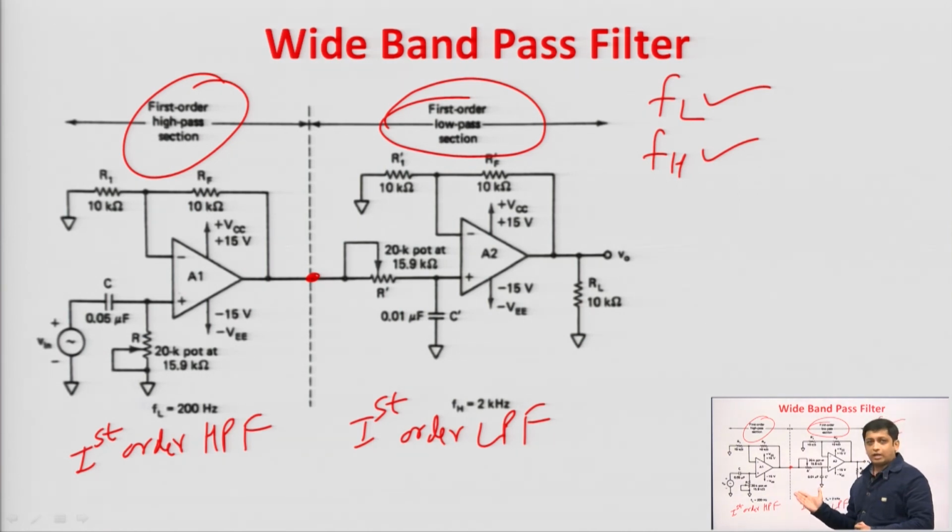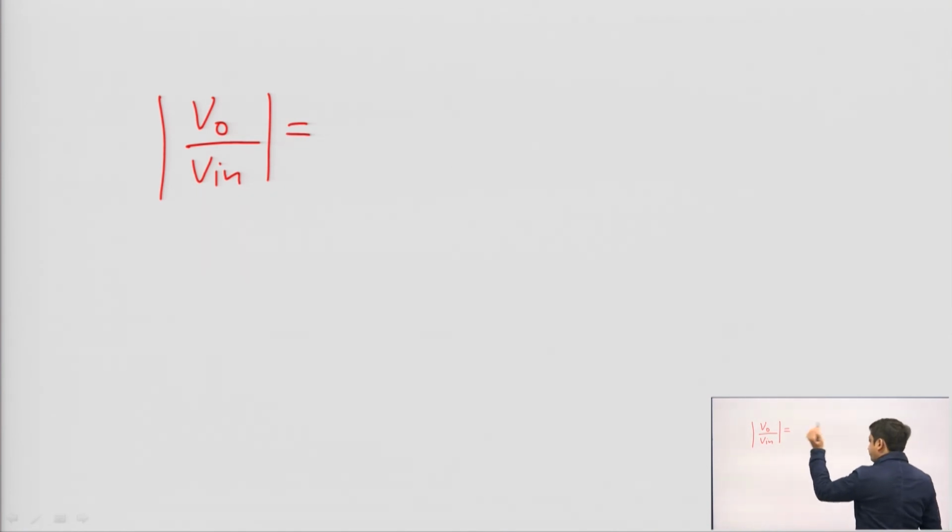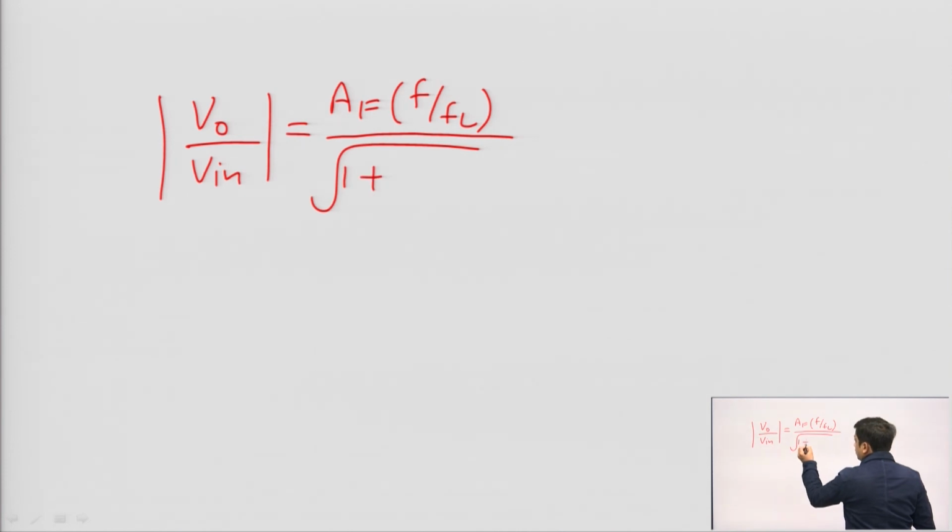For that, we know that since both the filters are in cascade, the overall gain of this filter will be the gain of the first order high pass into the gain of the first order low pass, fine. So, what will be the voltage gain of this wide band pass filter? It will be mod V naught upon Vi. The gain of the first order high pass filter we have already calculated: AF into F by FL upon under root 1 plus F by FL square.